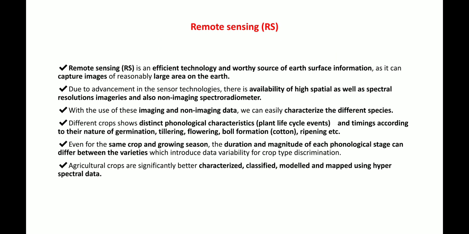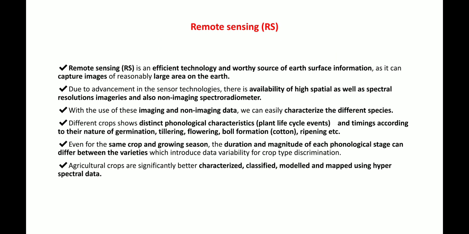Due to advancement in sensor technologies, there is high availability of high spatial as well as spectral resolution imagery, and also non-imaging spectral radiometers. In remote sensing technology, there are high spatial, that is geo-referenced information, and spectral resolution images, where spectral means the various color bands or different wavelength bands present in the spectra.